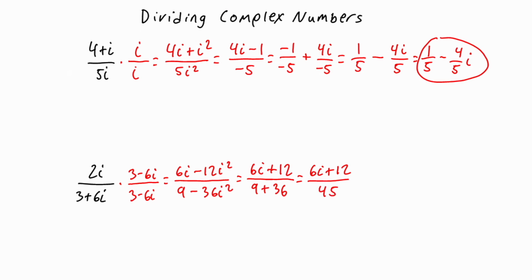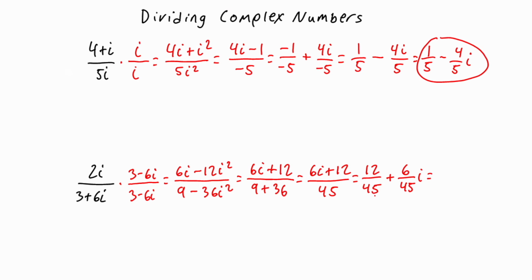And now we can rewrite this just like we did up above, and we have 12 over 45 plus 6 over 45 i. You could have done 6i over 45. It doesn't matter either way, but putting it in a plus bi form looks like this. And then finally, reduce.